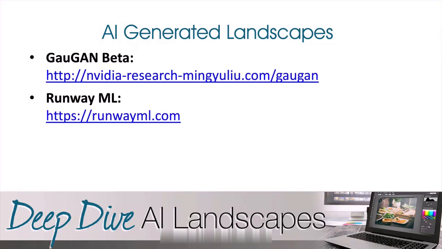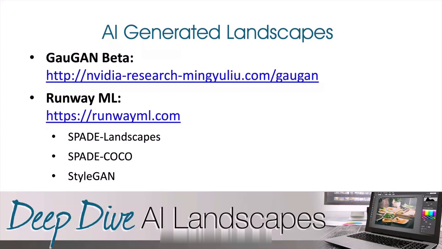And within Runway ML, they have these things called workspaces that are basically related software, but the results that you get from them is different. And for landscapes specifically, what we're going to be looking at within Runway ML is Spade Landscapes, Spade Cocoa, and StyleGAN.